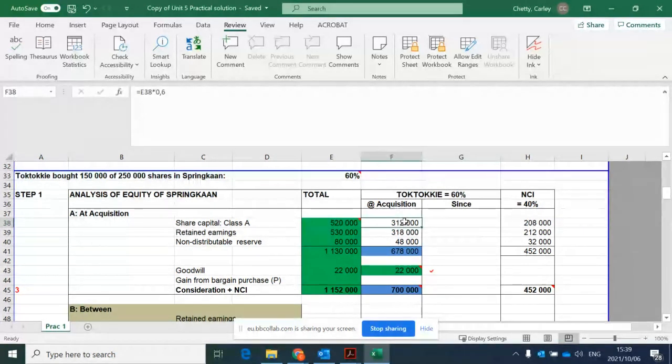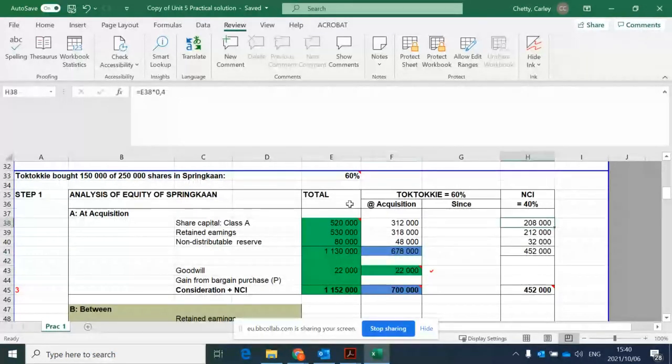So you can calculate the ownership of Tok at acquisition here. And then the remaining 40% belongs to the non-controlling interest. So Tok owns 60%. There's 40% which are other minority shareholders, and they own 40%.